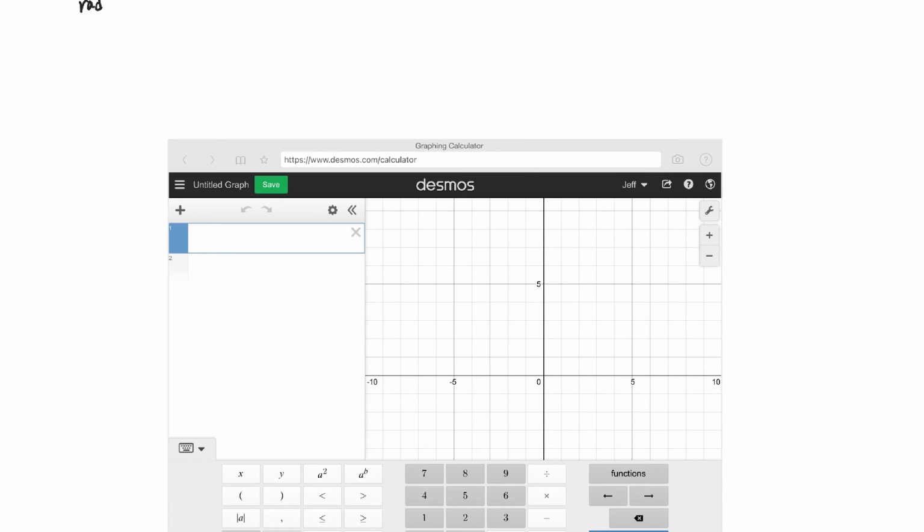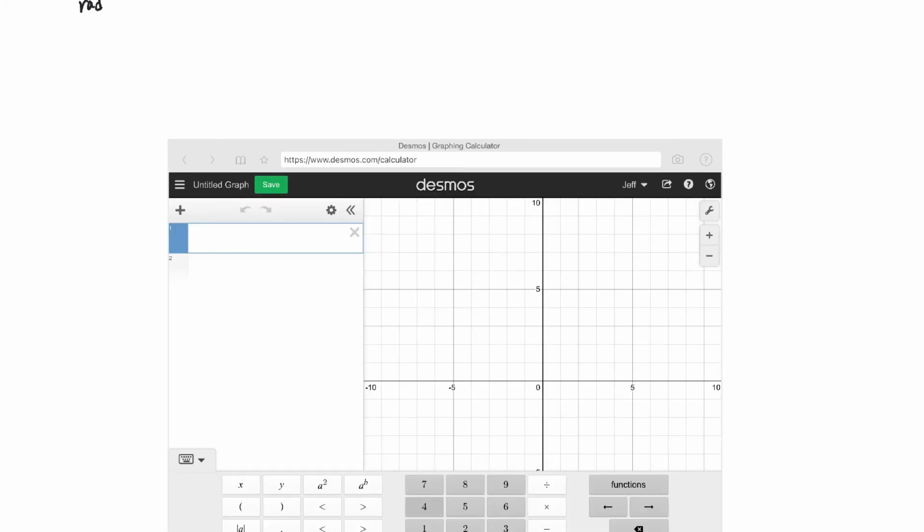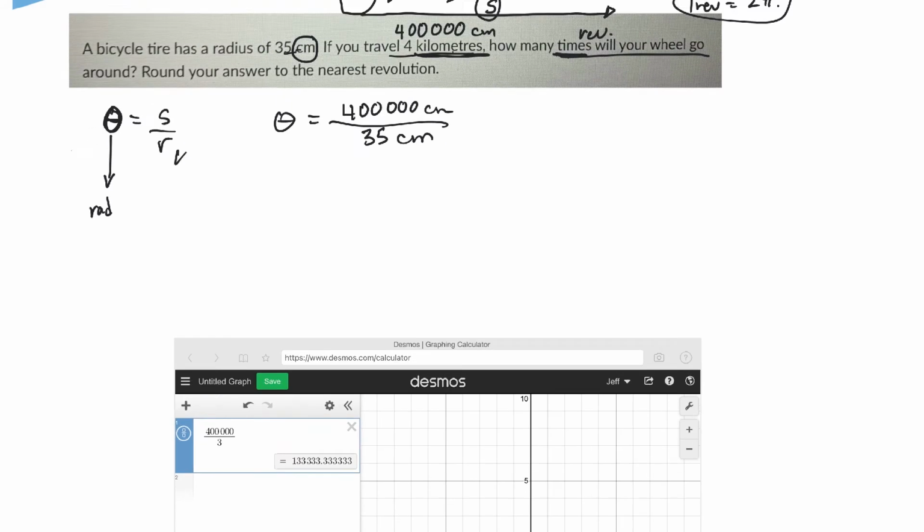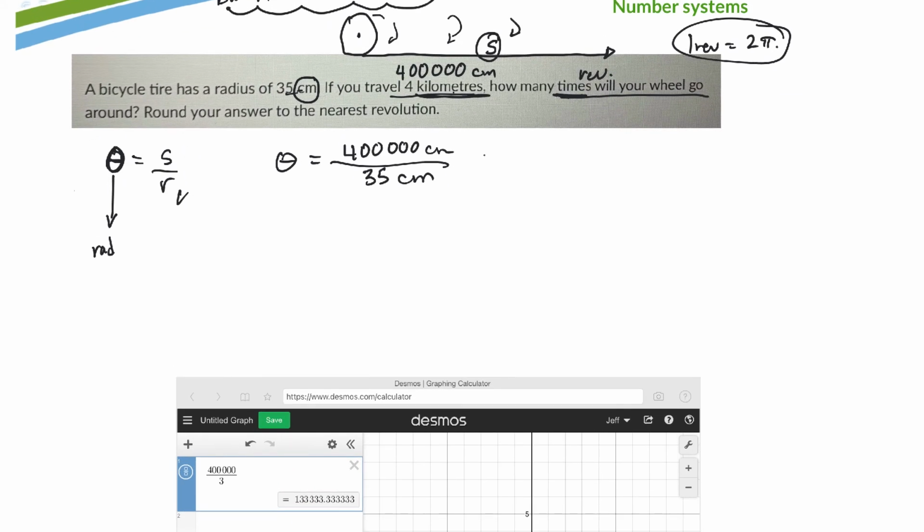So it's 400,000 divided by 35. There we go, that gives me 133,333 point threes, etcetera. The centimeters cancel out, so my answer for that angle rotation is in radians.